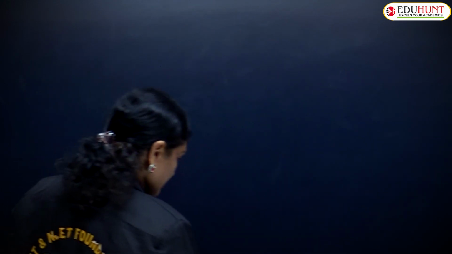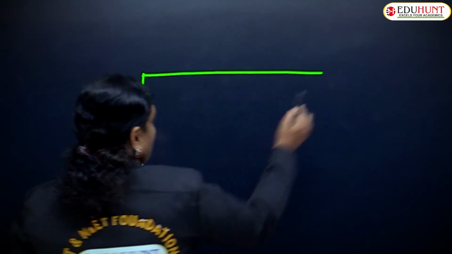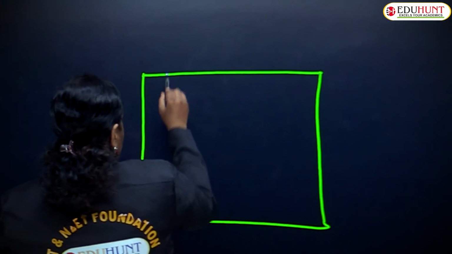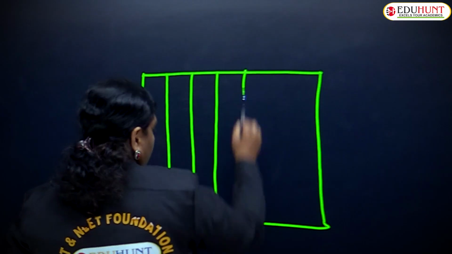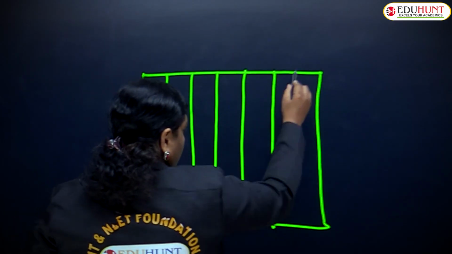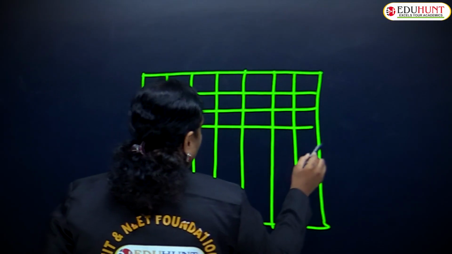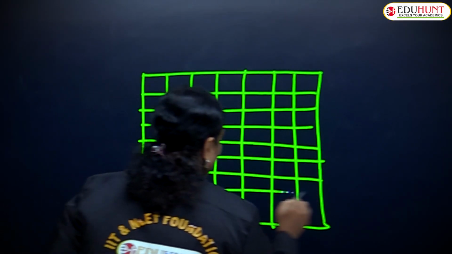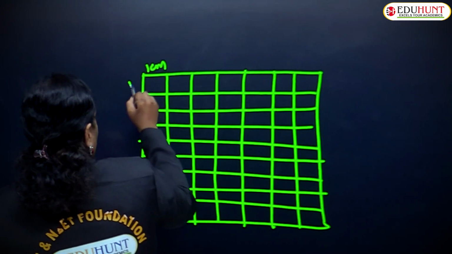In graph sheets, you have some check-like structures. If you observe the graph paper, it will be designed something like this. If you measure the length of each square of this graph paper, it will be 1 centimeter here, 1 centimeter, 1 centimeter.